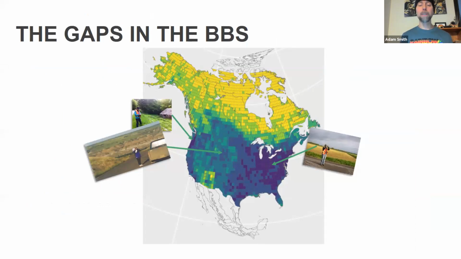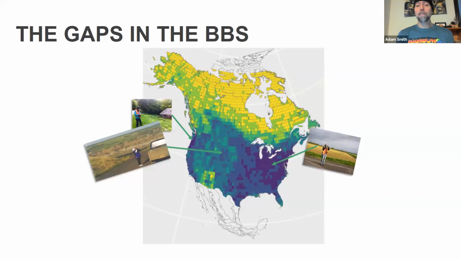The colors on the map here are just a coarse estimate of the proportion of the landscape that is within 400 meters of a secondary road, so in theory, available to be sampled by a BBS survey. In the central and eastern portion of the continent, in those dark blue areas, we're talking about more than 80% of the landscape being within that 400 meters.